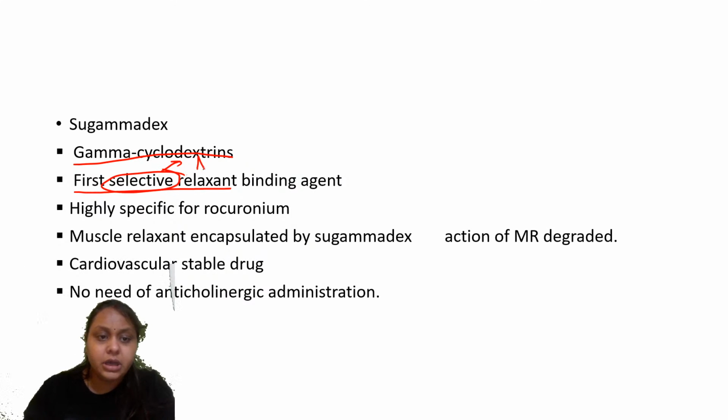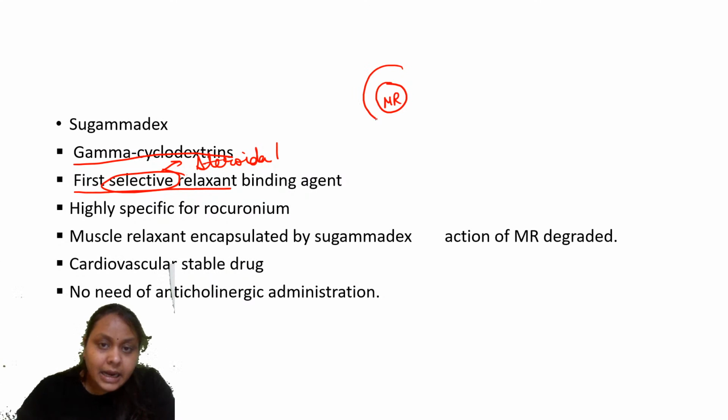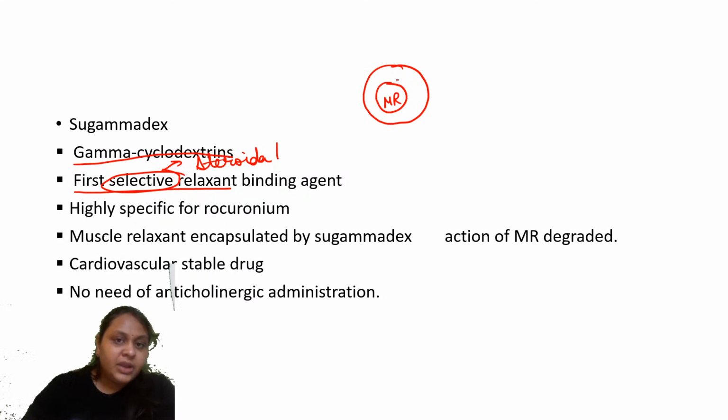It is selective for the steroidal group of non-depolarizing muscle relaxants. It encapsulates the muscle relaxant, and therefore the action of the muscle relaxant is terminated.